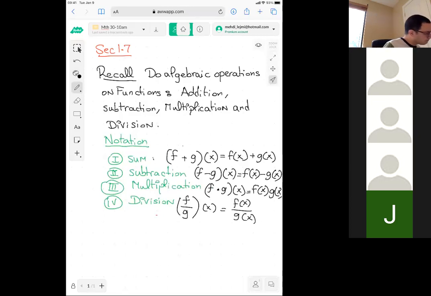Now, yesterday I talked about the intersection or the common domain.